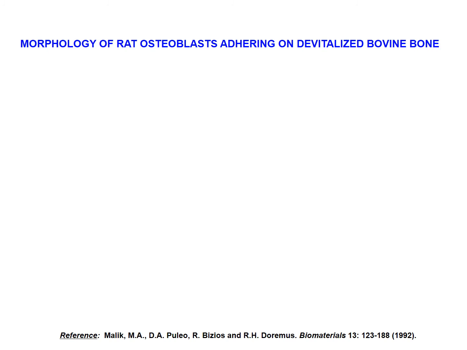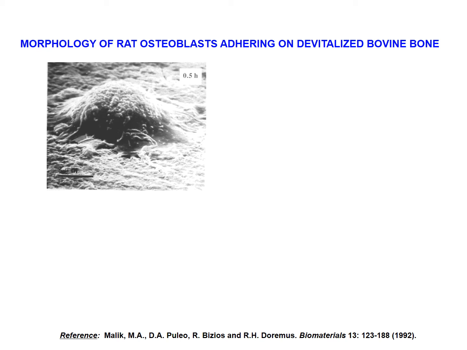In this slide, we see the morphology of rat osteoblasts adhering on bone from cows. This bone was devitalized, which means that it was treated in such a way that there is no indication or remnants of cells from bones. It's only the extracellular matrix.